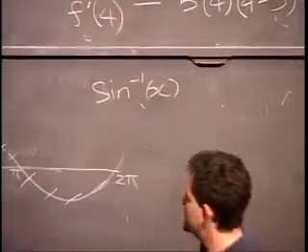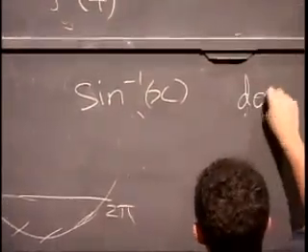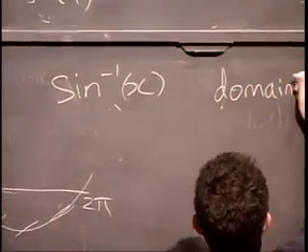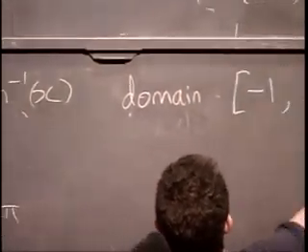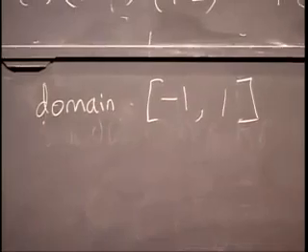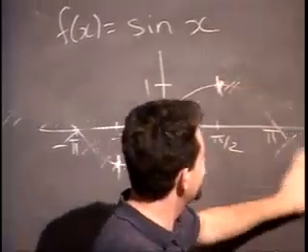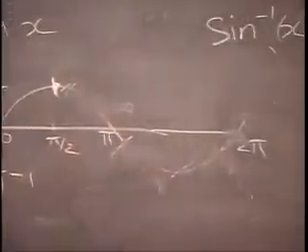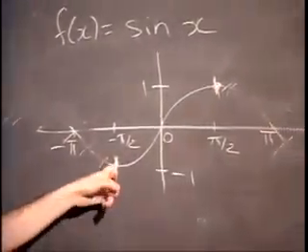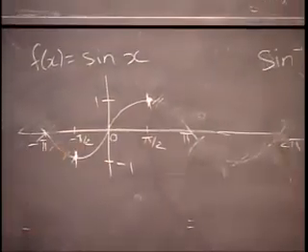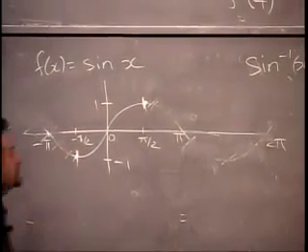and the domain of this has got to be minus 1 to 1 inclusive, because that's the range of the original function. This function, we've thrown this away. In fact, I'm just going to gray it out because it's not really relevant anymore. What's going on here is that the original range is minus 1 to 1, so the domain of inverse sine becomes that.